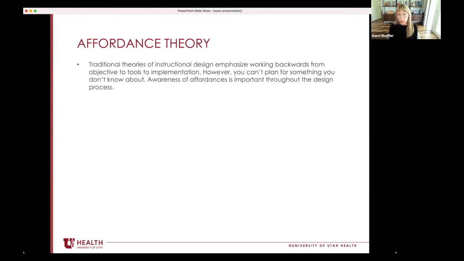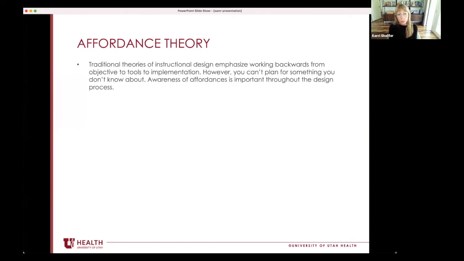So we started thinking about how important it is for faculty to be aware of what technology and what technological affordances there are so that they can better inform their learning objectives when they're creating them.